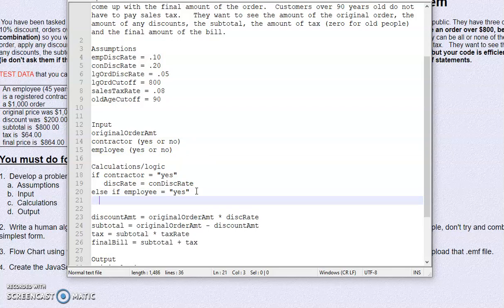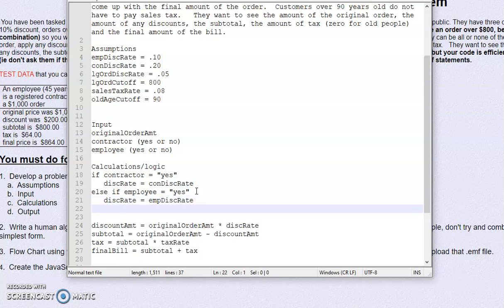If they say yes, then the disc rate is equal to the emp disc rate. Now I can't just say else everyone gets the rest of that because it's not true. Some people don't get a discount at all.